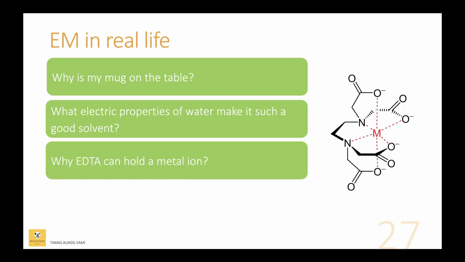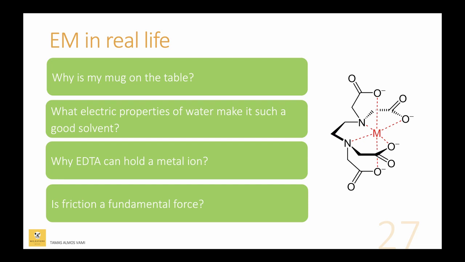And if you go to more complicated chemicals, which can include a metal in between them, why is that so? What is really the reason here? Or you can ask, is friction a fundamental force? What is really friction from mechanics? I'm not going to answer these questions now. We can discuss them during the section time.